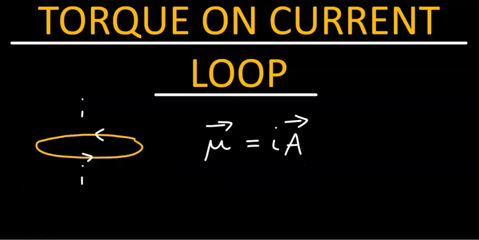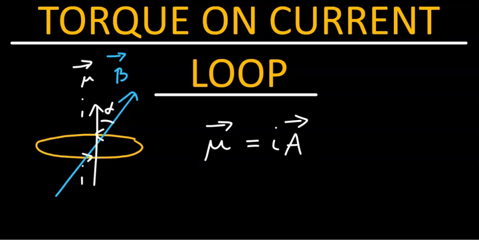Having introduced the magnetic moment, let's assume the same loop is placed in a magnetic field, B. So this magnetic field and the magnetic moment make an angle, say alpha, with respect to each other. Then we say the torque exerted by this magnetic field on that loop carrying current I is just the cross product of the magnetic moment and the magnetic field.